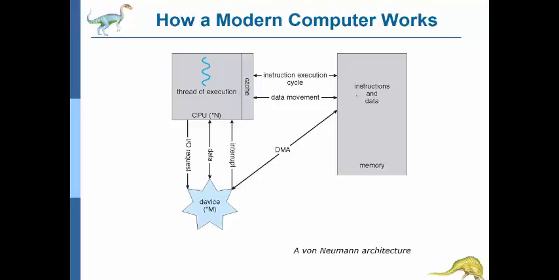So, how does a modern computer work? See here, in your memory, instructions and data are stored, and this is your CPU, and part of this is a cache.